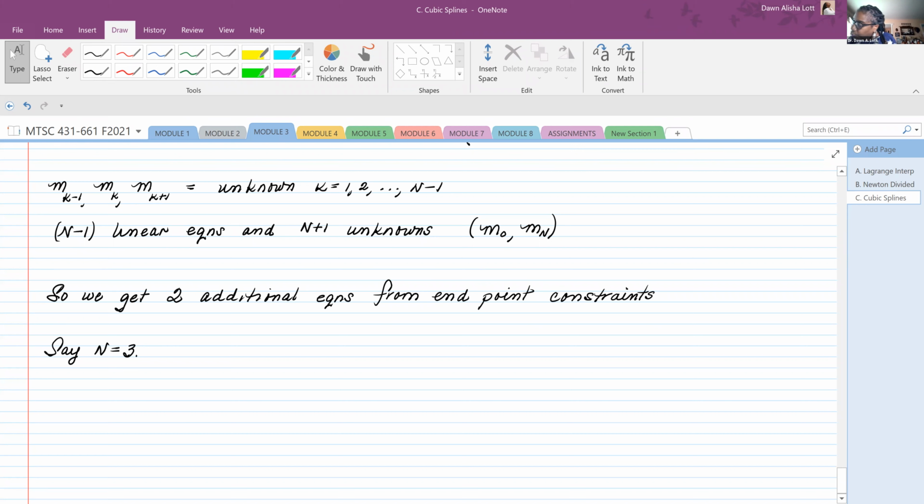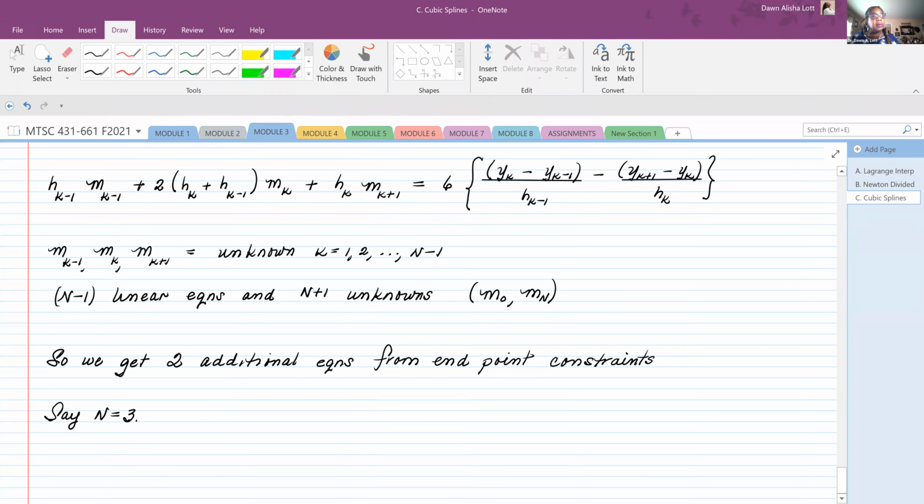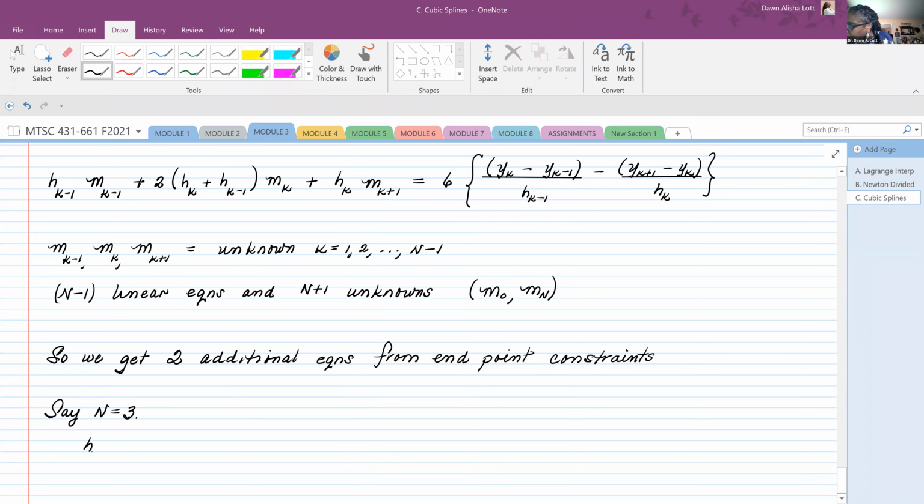Then the first equation would be H naught M naught plus 2 times (H naught plus H1) M1 plus H1 M2 is equal to right-hand side 1.